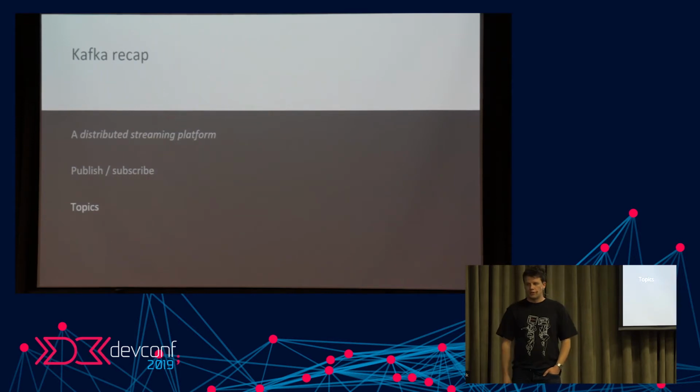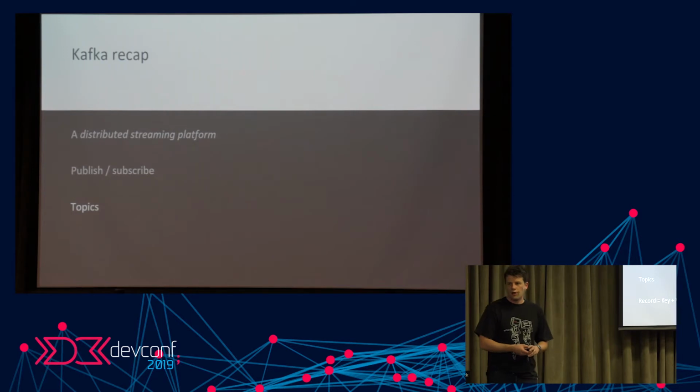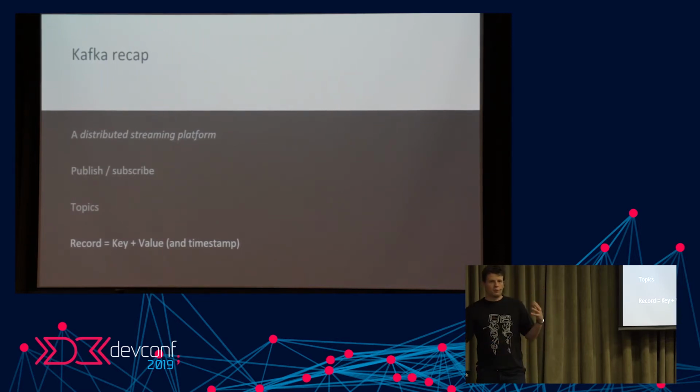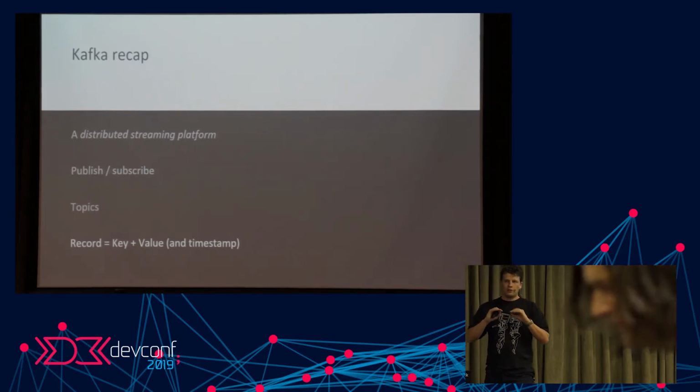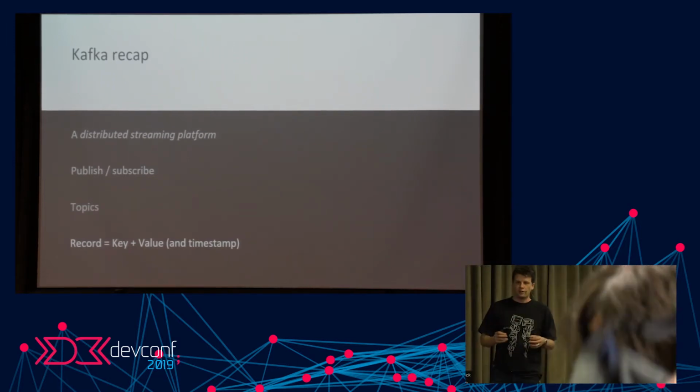And what you send there and get from there are records. And a record is nothing more than a key value pair. And yes, it has a timestamp, but you get that for free, actually. So it's really low level in what it really does. It's advanced in what you can do with it.